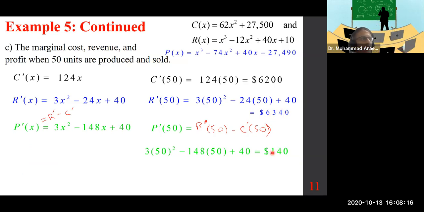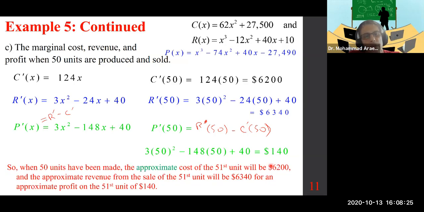Again, both ways we wanted to see what's happening, and now what do they mean? Here's what I want everybody to pay attention to. So when 50 units have been made and sold, of course, the approximate cost of the next item, that means the 51st unit, will be $6,200.